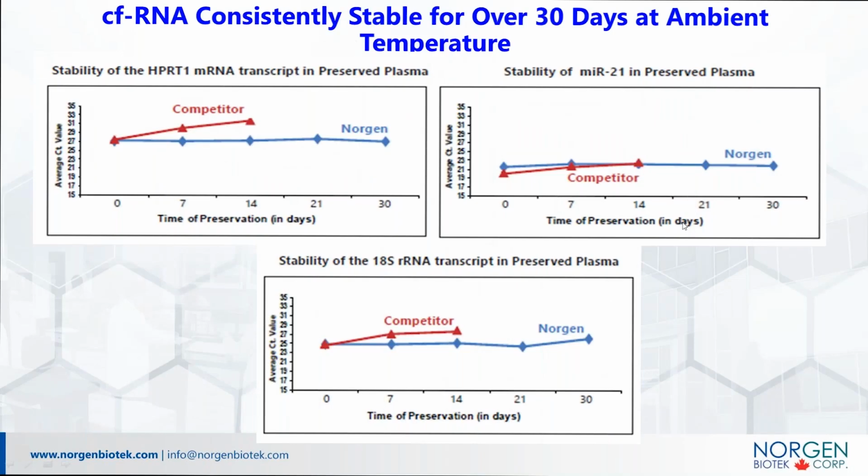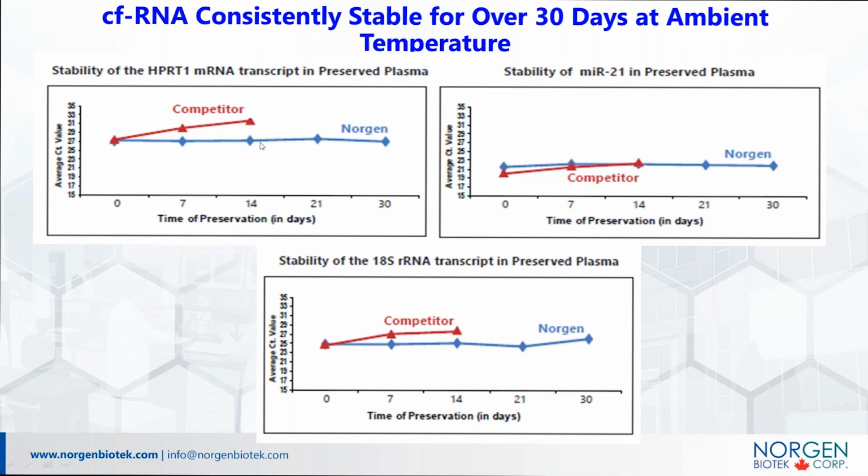As for the cell-free RNA, because our tubes, as I mentioned before, preserve both cell-free RNA and cell-free DNA in the same tube, we assessed this by the amplification of 3 targets: a housekeeping gene, which is an 18S RNA transcript, an HPRT messenger RNA transcript, and a miR-21 microRNA.